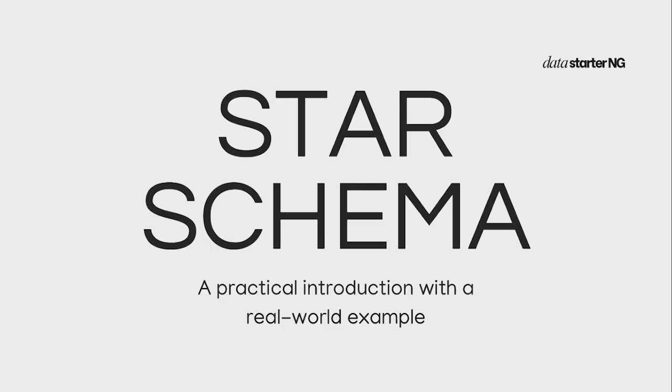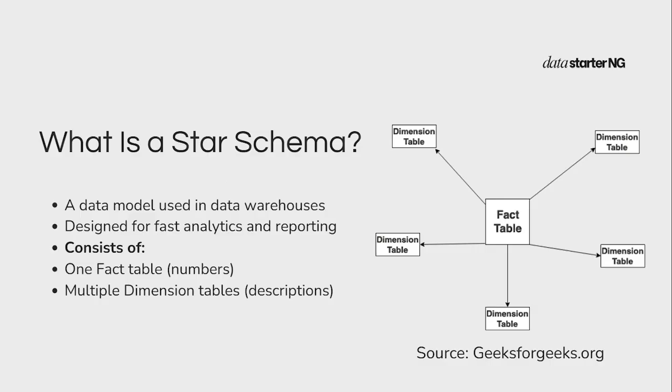So what is a star schema? A star schema is a data model, and usually we use it in data warehouses. It consists of a central fact table. As you can see in this visual, it looks like a star: a central fact table surrounded by various dimension tables.